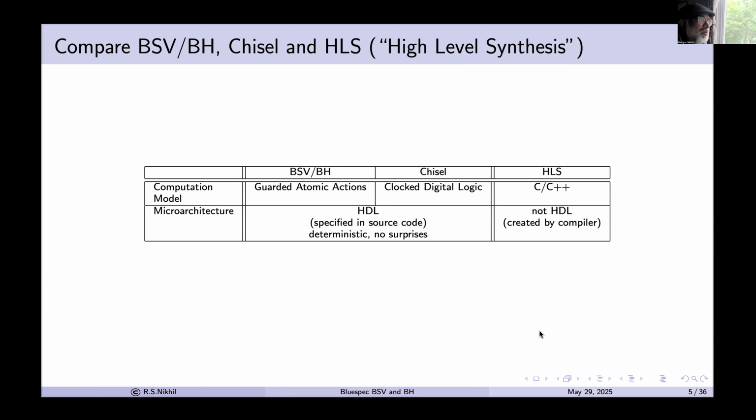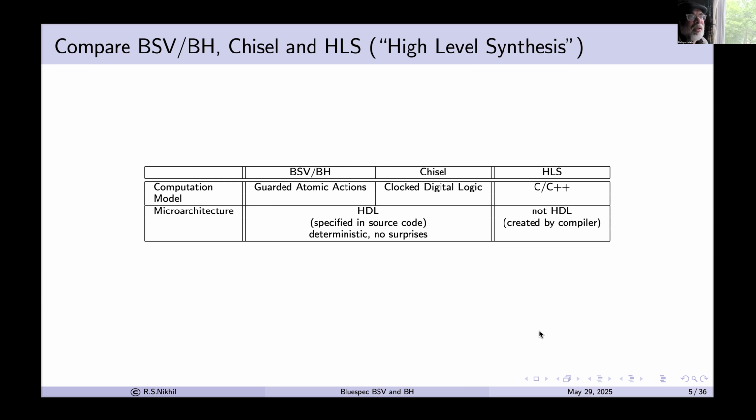And then when you think in terms of microarchitecture, BSV, BH, and Chisel, Verilog, SystemVerilog, these are all what I call hardware description languages. In other words, in your code, you are actually describing exactly the circuit that you want, no more, no less. So there are no surprises about what microarchitecture you might get or what state you might get.